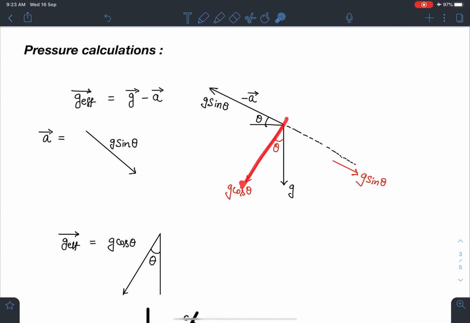So the overall force we are having is G cos theta, the component of gravity perpendicular to the surface, and it is going to be in this direction. So pressure variation will occur only along G cos theta. Along the incline there will not be any pressure difference, there will not be any change in pressure.